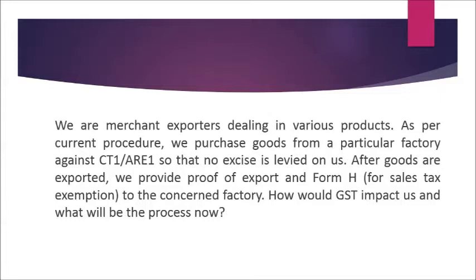As per the current procedure, we purchase goods from a particular factory against CT1/ARE1 so that no excise is levied on us. After goods are exported, we provide a copy or proof of export and Form H for sales tax exemption to the concerned factory. How would GST impact us and what will be the process now?